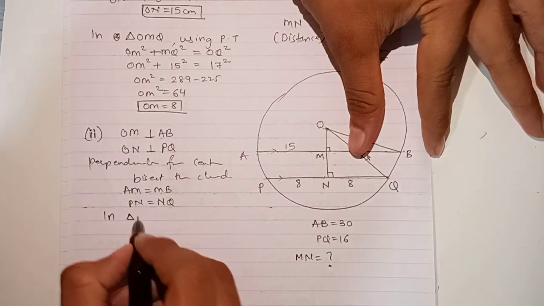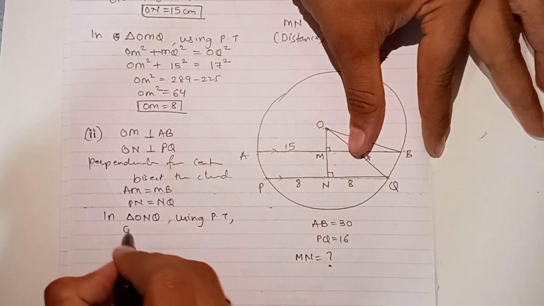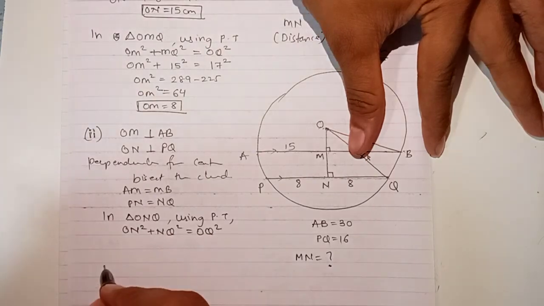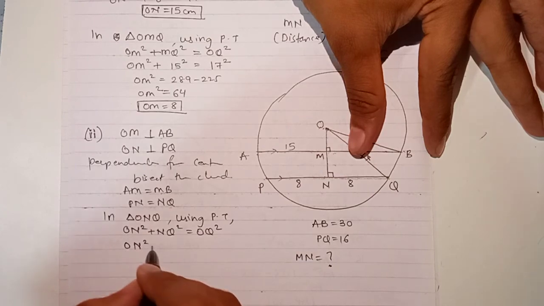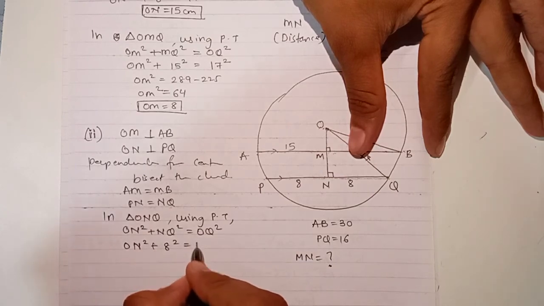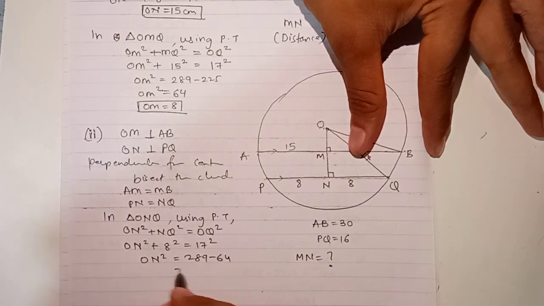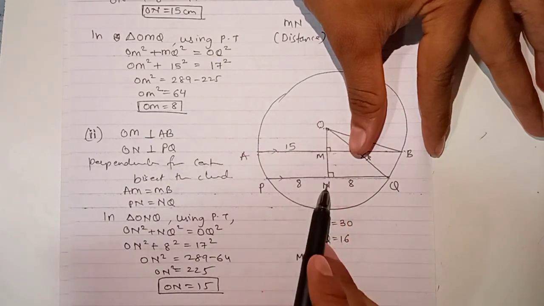See, in triangle ONQ, using Pythagoras theorem, ON square plus NQ square equals OQ square. We don't know the value of ON, but we know NQ is 8 and OQ is 17. So when you do the simplification, 289 minus 64, you will get 225. ON will be 15. Okay, so this full ON is 15.